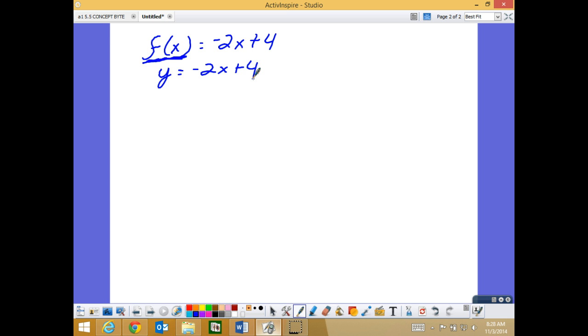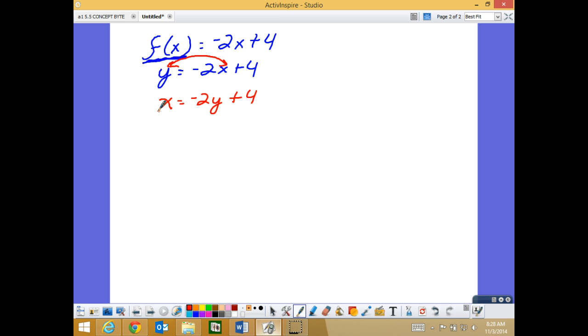The second step of inverses is swapping the x and the y. So we're going to rewrite this function as x equals negative 2y plus 4. All we're doing is swapping the x and the y. And hopefully this is something you're going to see, that is the main concept behind inverse functions, the swapping of the x and the y.